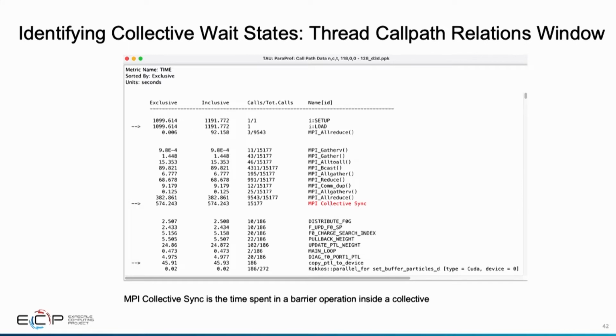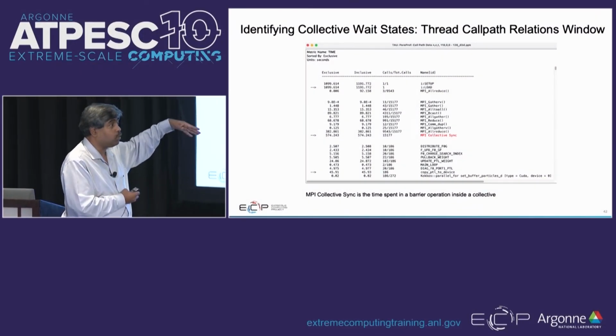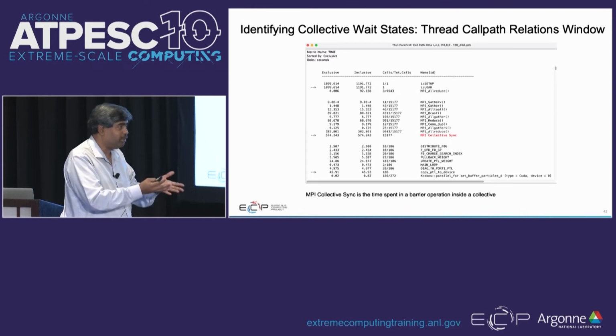And out of the 15,000 calls, 9,500 of those MPI all reduce calls accounted for the 382 seconds of wasted time. So it pinpoints to you right there saying this is where the MPI calls were wasting time. Fix this, make MPI collective sync go to 0. Then you can worry about the other things.